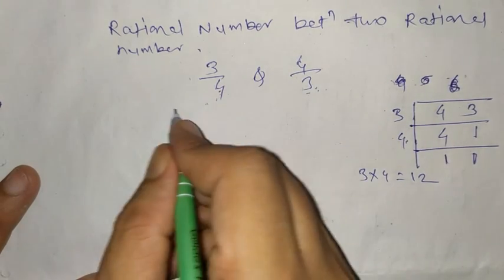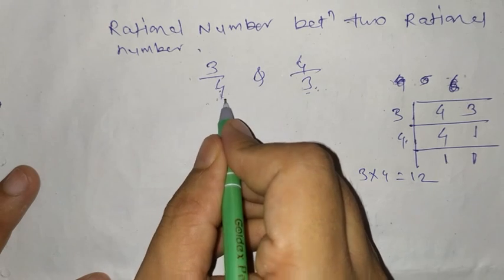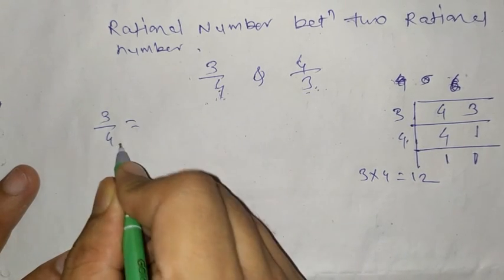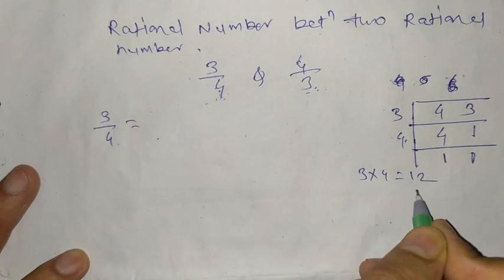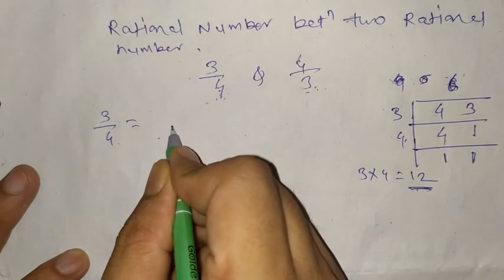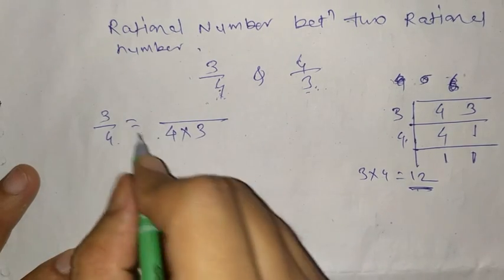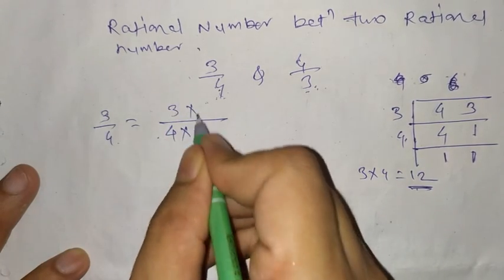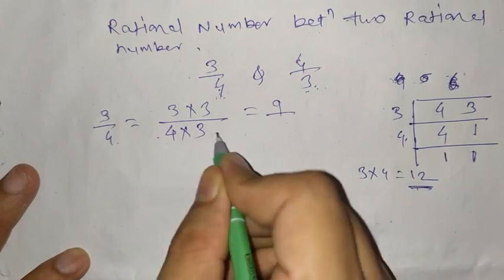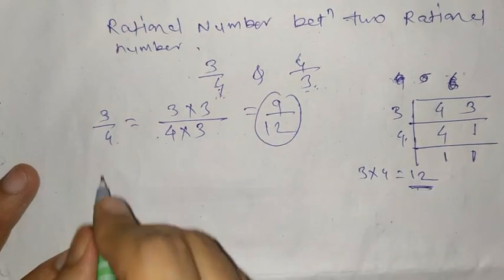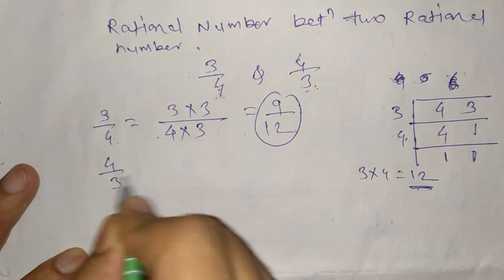So by keeping here 12, what will you do? 3 by 4 means if you do 4 into 3, you will get the denominator 12. So 4 into 3, and the same number you use here. So it is nothing but 9 by 12. So this is our number. Second one is 4 by 3.